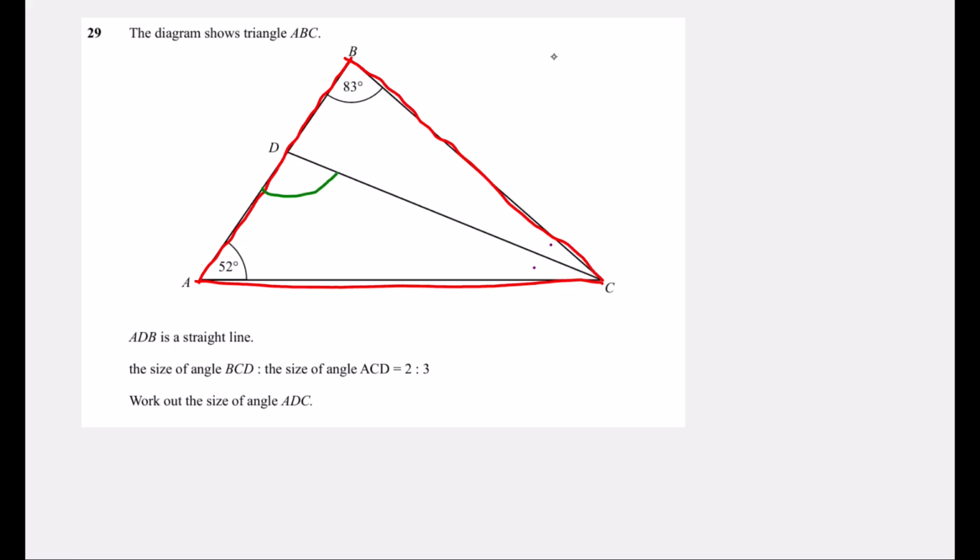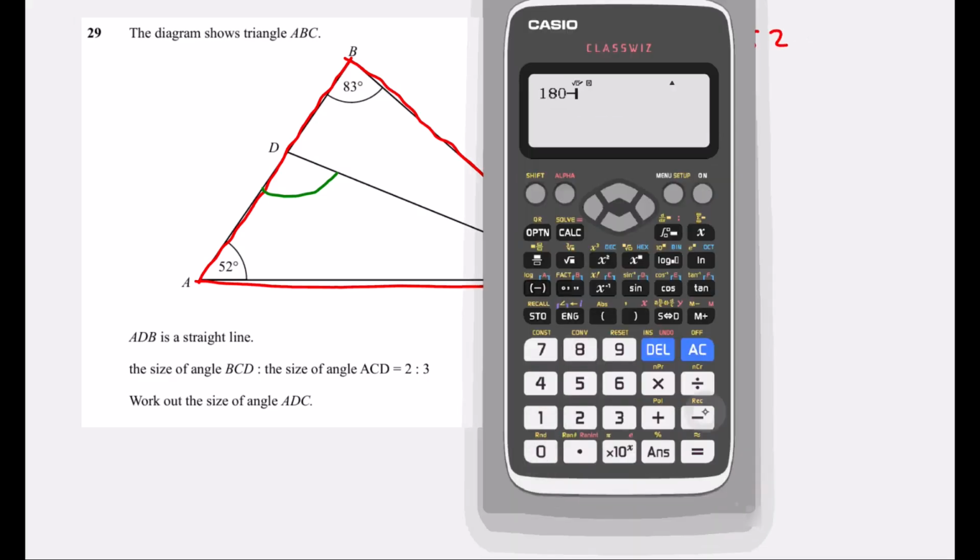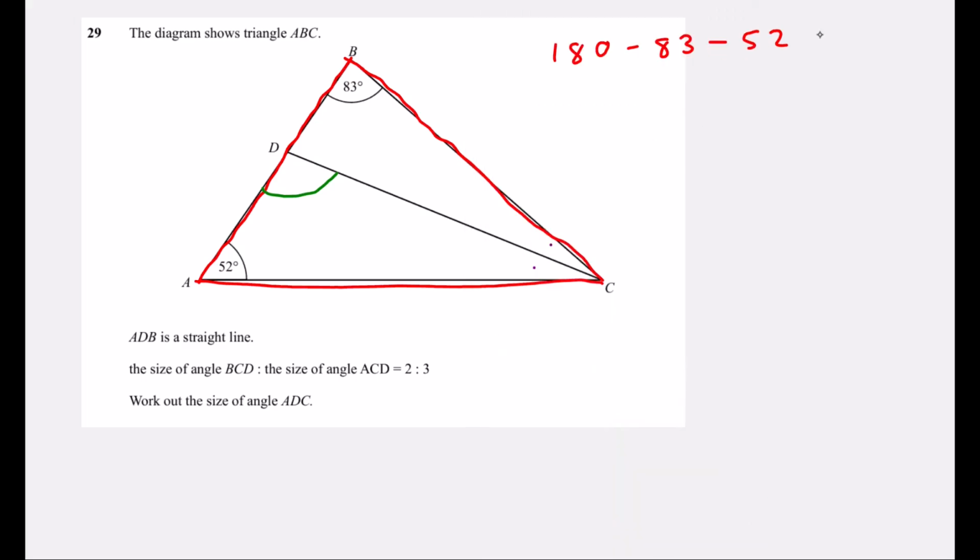So firstly, we'll use the big triangle. And we'll use the ratio. So 180 take away 83, take away 52 is 45 degrees. So this total angle here is 45. We need to split it in the ratio 2 to 3.